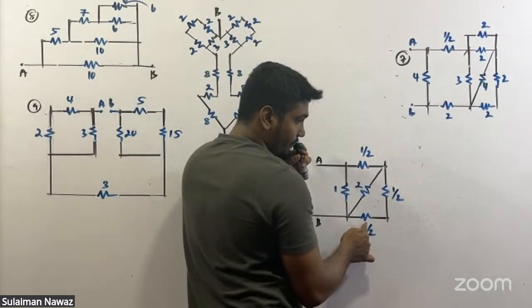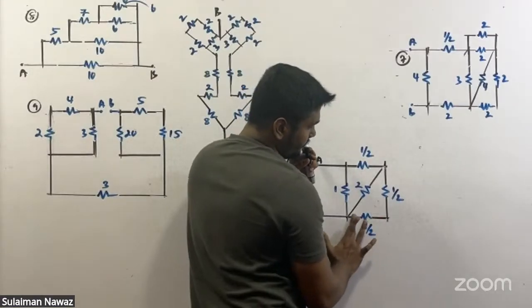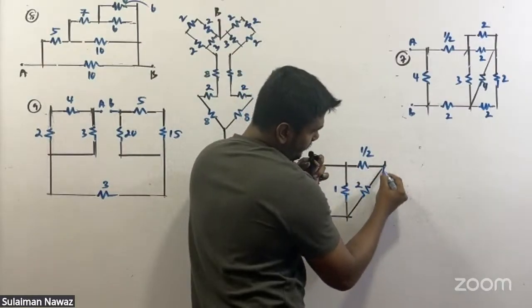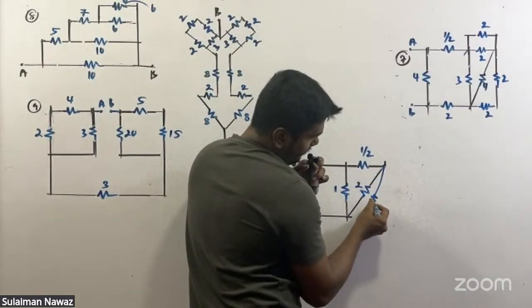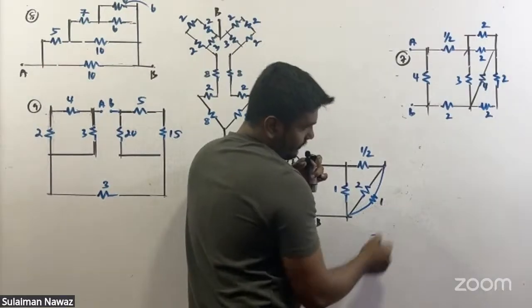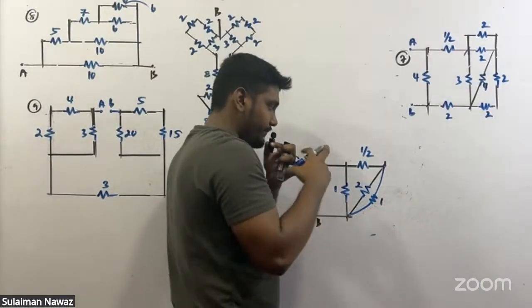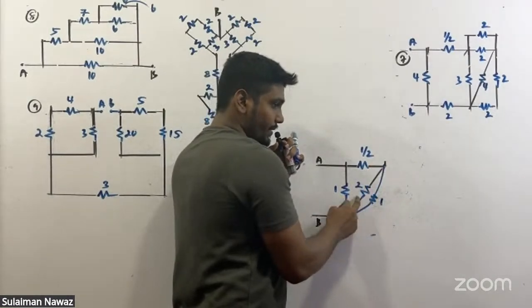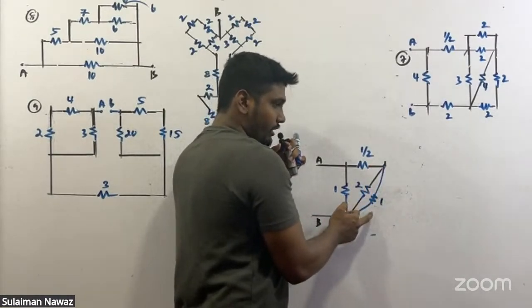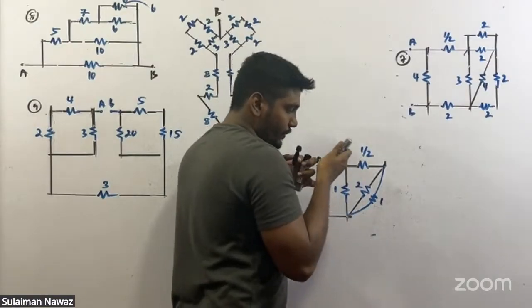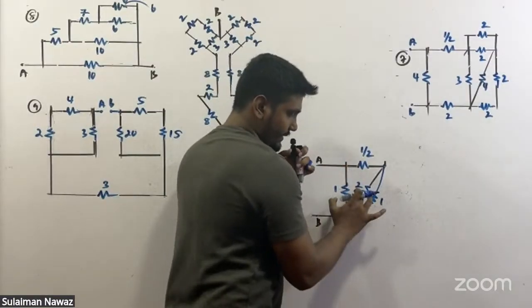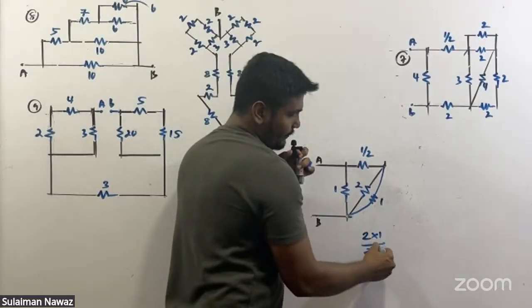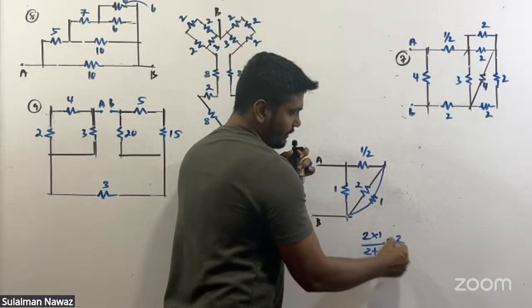Half plus half, 1. Then between these 2 points again, these two parallel. Equivalent 2 into 1 over 2 plus 1, 2 over 3.